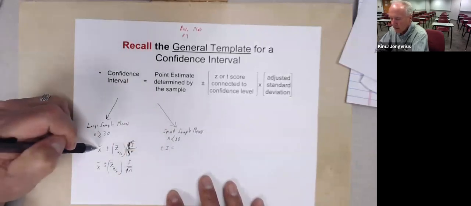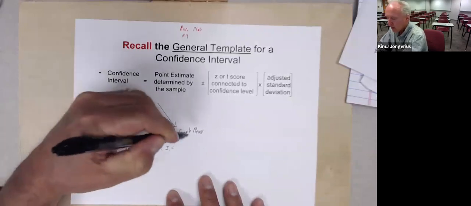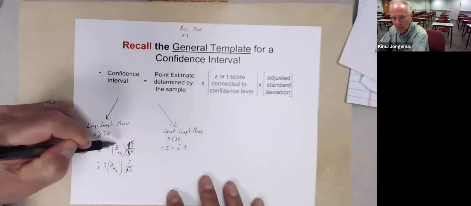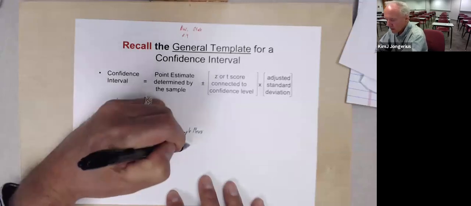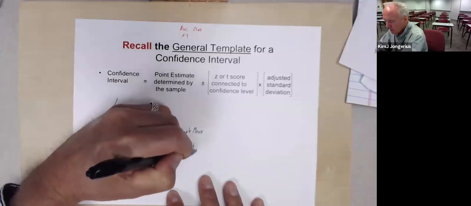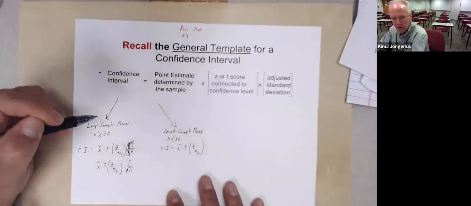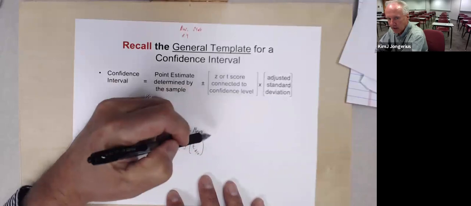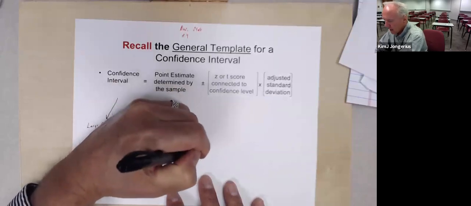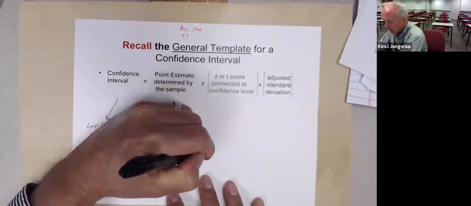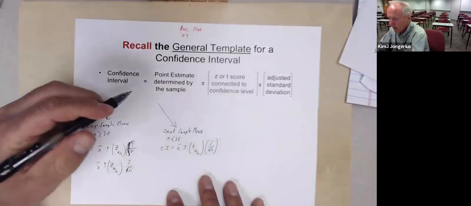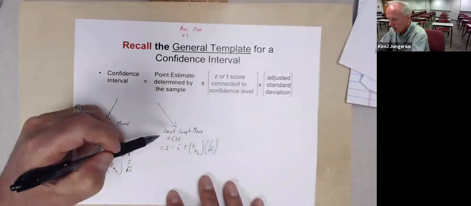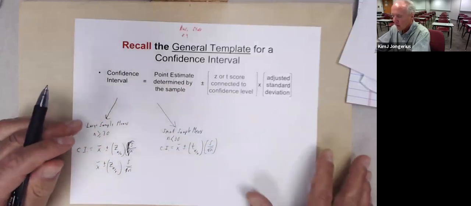It'll be the same sample mean, x bar, but rather than a z-score like we used here, it is going to be a t-score, which again should look familiar to you as we've seen it before, times our adjusted standard deviation, which would be s over the square root of n. This was again for n being less than or equal to 30. We will be reviewing those.